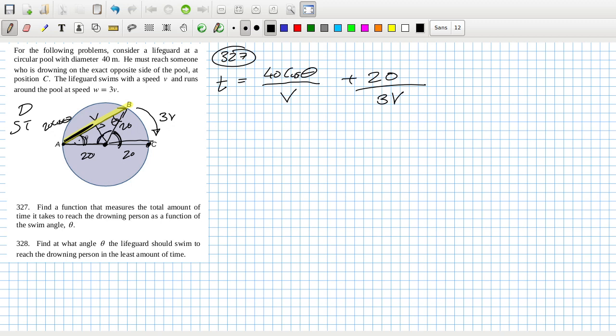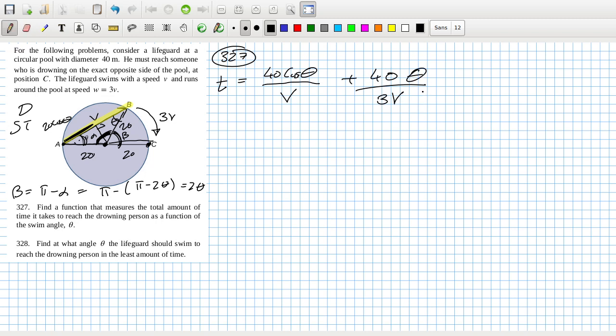It'd be this angle. So if we call that alpha and that beta, beta would equal pi minus alpha, and alpha is pi minus 2 theta. So that would just be 2 theta. So that would be 40 theta.